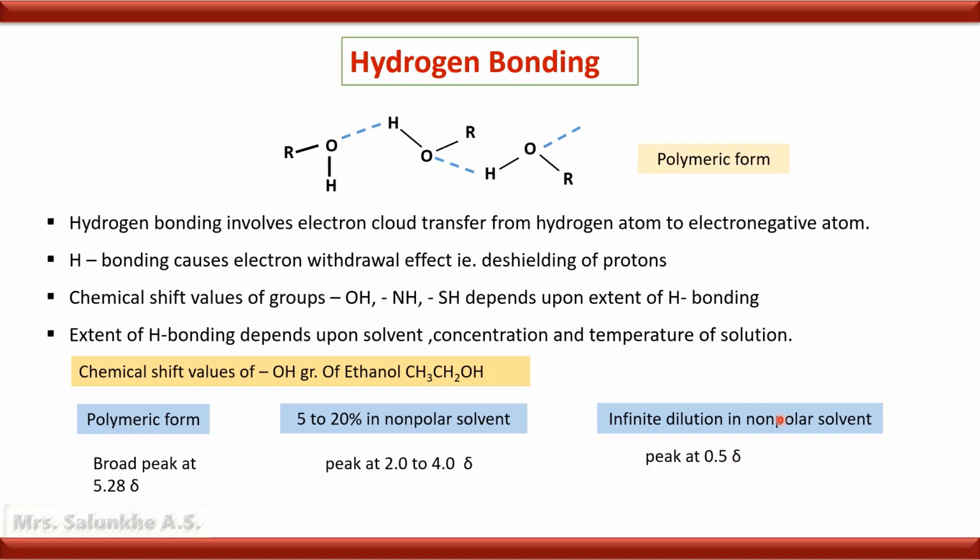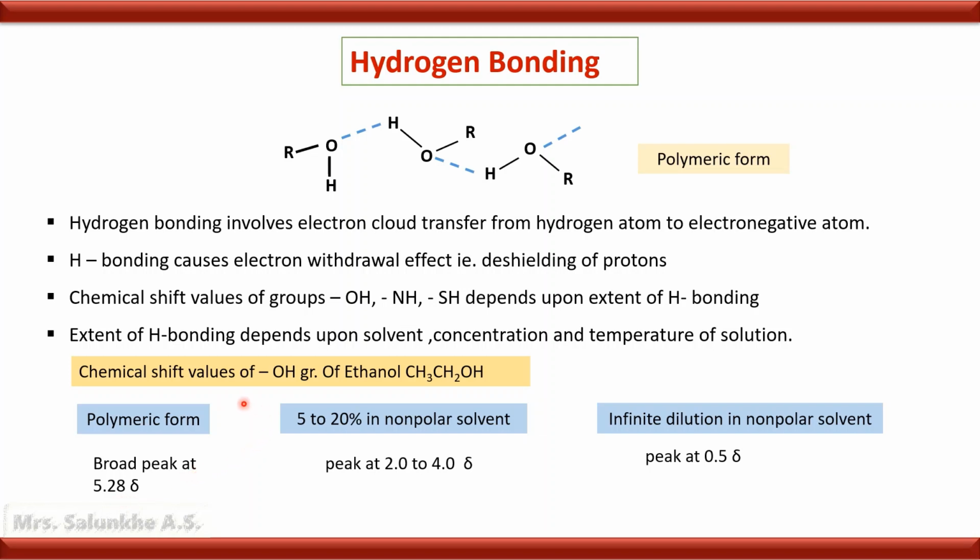That is, in the case of a non-polar solvent, the hydrogen bonding breaks and the peak is observed at 0.5 delta. For 5 to 20%, there is somewhat hydrogen bonding, and the peak is observed at 2.0 to 4.0 delta. And in the polymeric form, there is a broad peak at 5.28 delta.